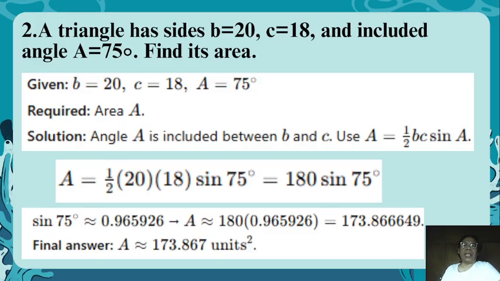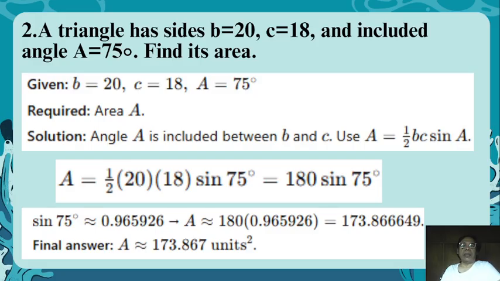So we are given here the two sides and the included angle. The two sides are side b is equal to 20, side c is equal to 18, and of course the included angle is angle A, 75 degrees. We are required to determine the area.